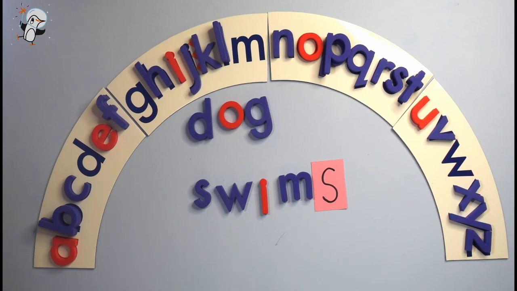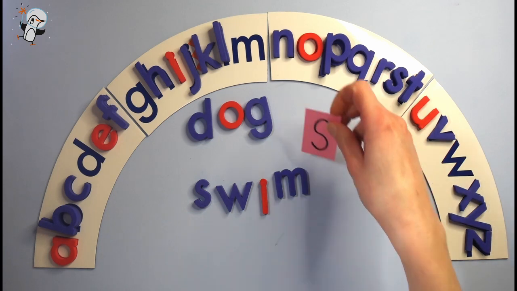So whenever you're using someone's name, like John swims, or you're using he or she or it, the dog swims, she swims, he swims, you'd need to add that s on the end. You'll also notice that that s can sound a little bit more like a z in some words.